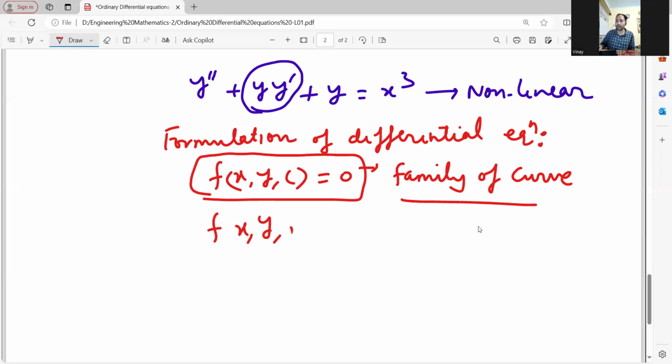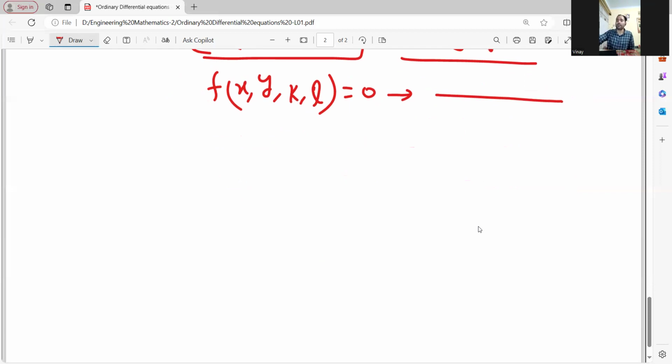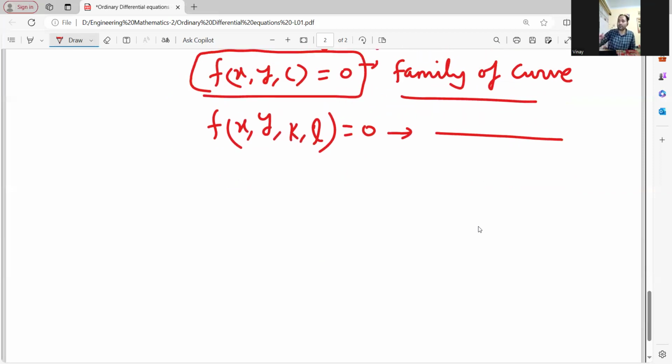How about this? f(x, y, k, l) is equal to 0. This is also a family of curves, where you will get different families of curves for different values of k and l. If you are given such an equation, how will you find the differential equation? For the first family of curves, you need another equation.